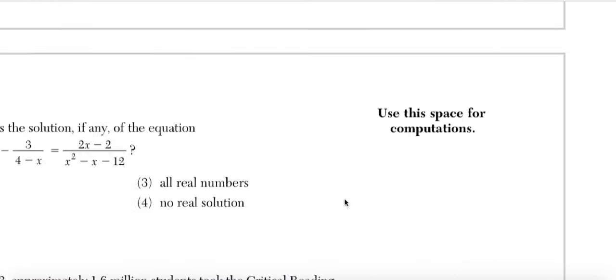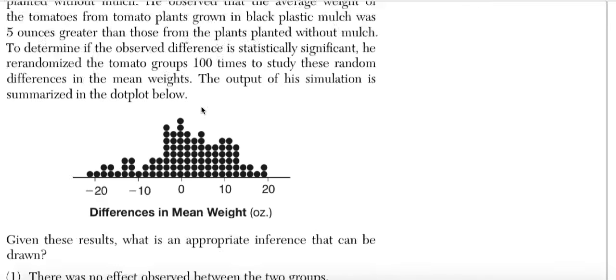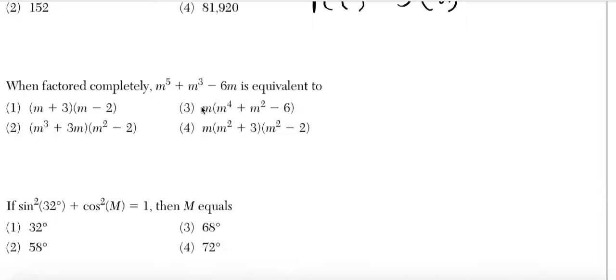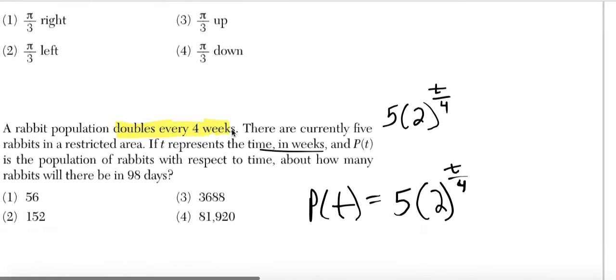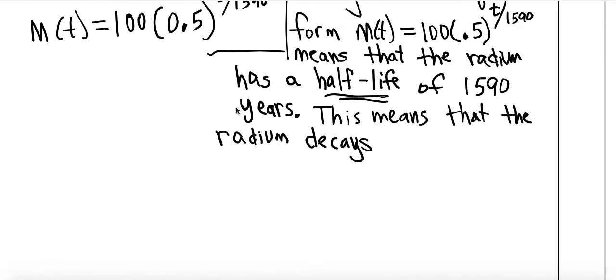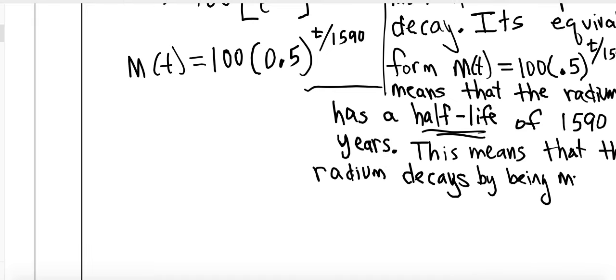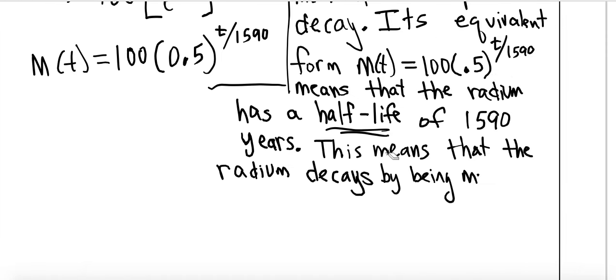So let's see how they said it in the first one, right? In the first question here with the rabbit population, they said that it doubles every 4 weeks, right? So we'll just say it's multiplied by 1/2. Or let's even make it simpler. It halves. It gets cut in half.